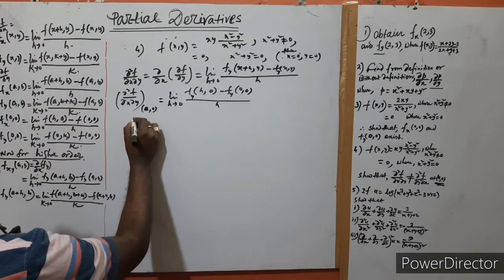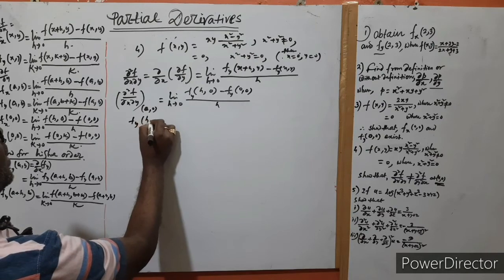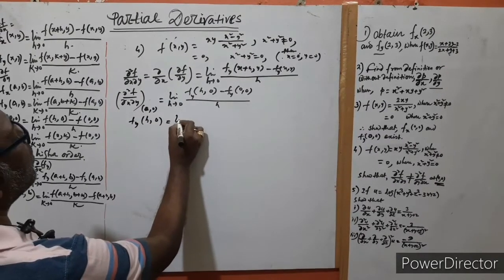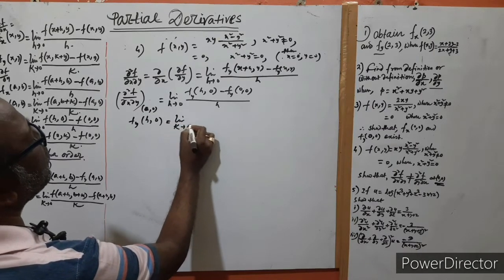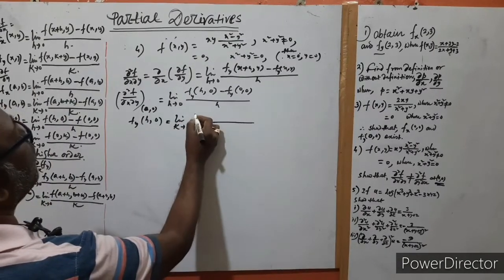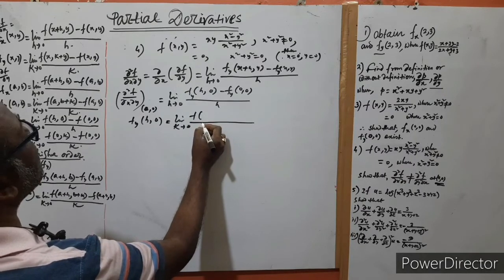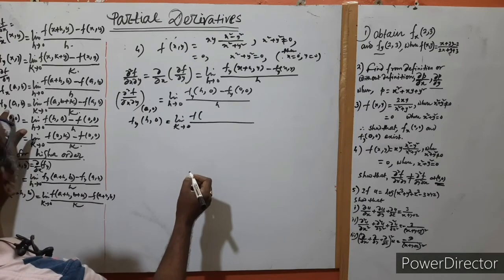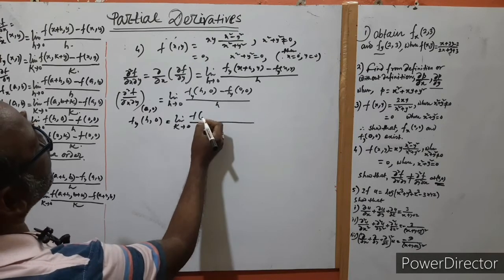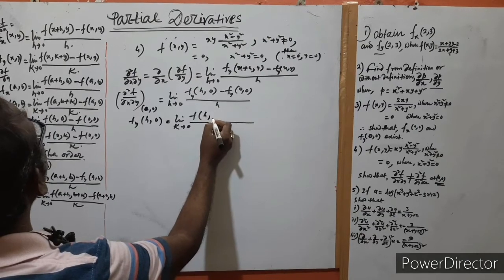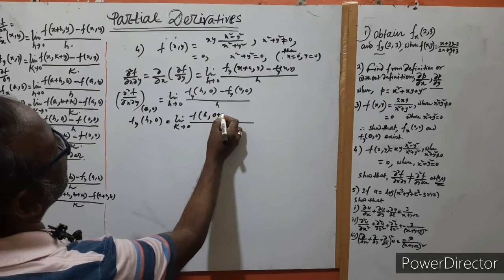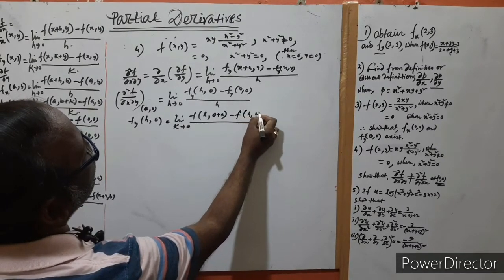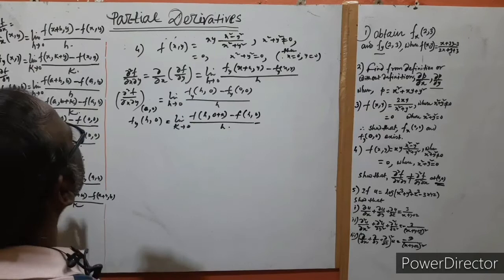Okay, so now f suffix y at (h, 0) is equal to limit k tends to 0, f of (a, b plus k), here (h, 0 plus k), minus f of (h, 0) by k.